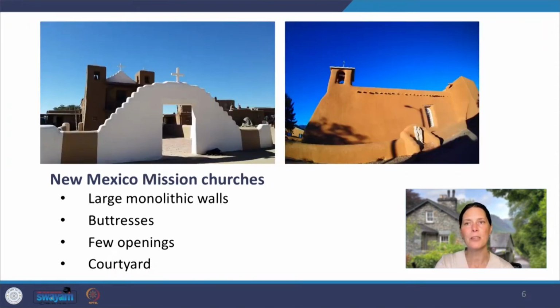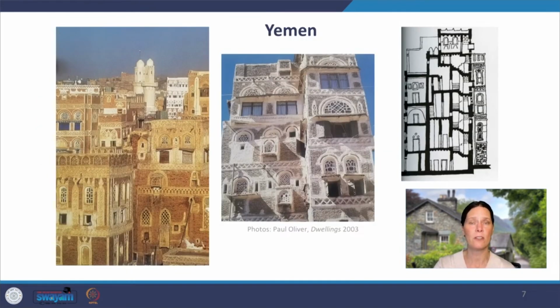The Spanish mission churches of New Mexico have a distinct style with exaggerated buttresses to support the high adobe walls, making the churches appear very grounded and prominent parts of the landscape. The earth and stone construction of Yemen conversely appears as a skyscraper reaching up to 7 stories in height, with light filigree decorations around the windows.